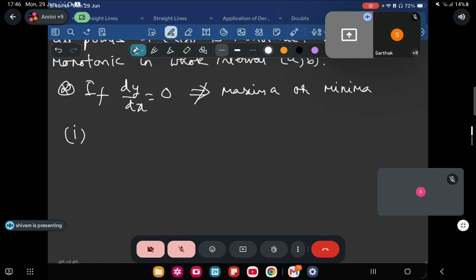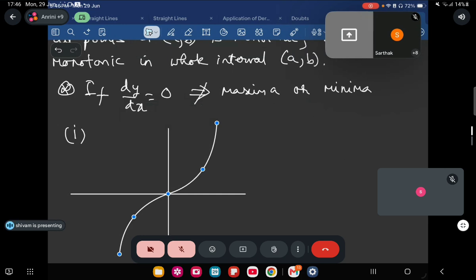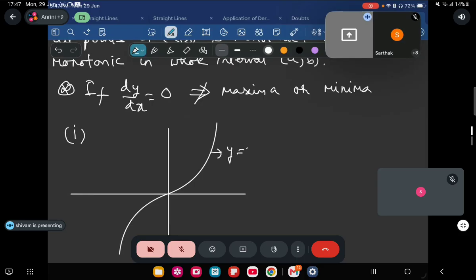So I'll show you some examples. Number one, y equal to x cube. Can someone tell me, in this case, what is the derivative at x equal to 0?